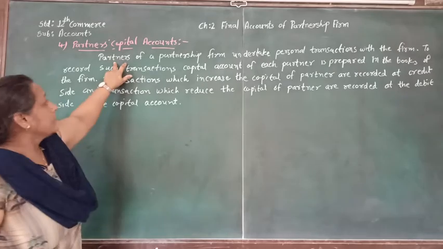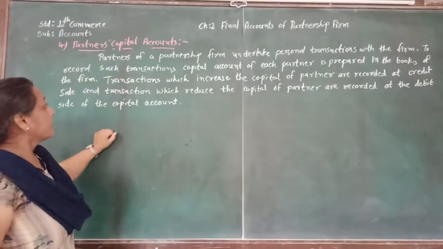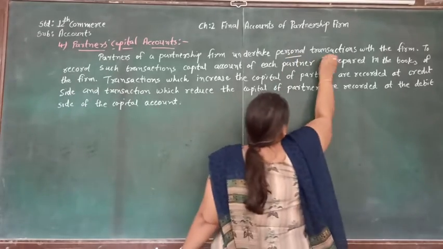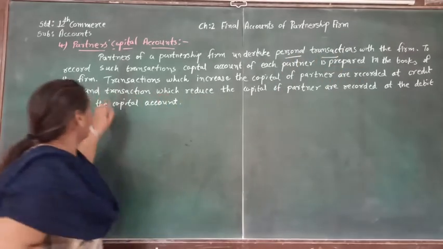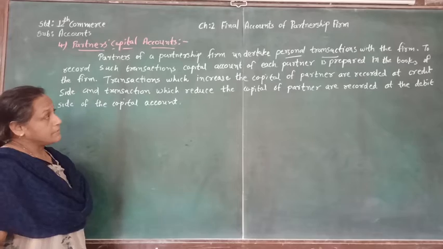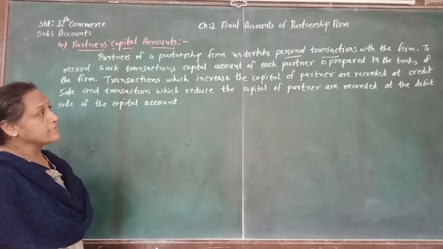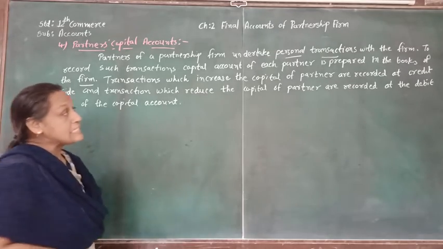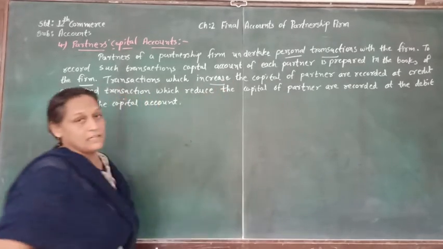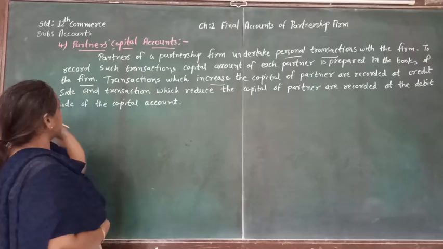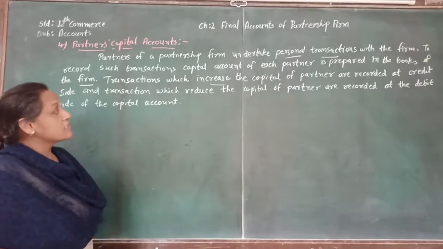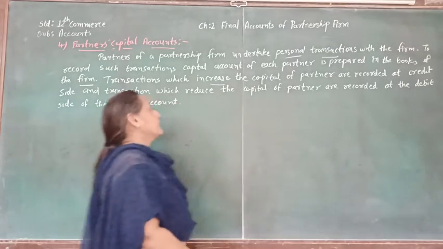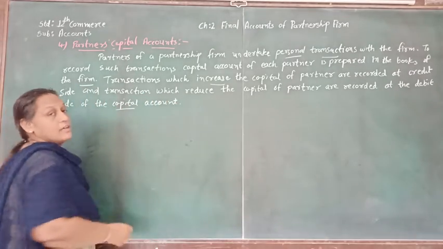Partners capital account is where a partner of the partnership firm undertakes personal transactions with the firm, and to record such transactions, the capital account of each partner is prepared in the books of the firm. Transactions which increase the capital of the partner are recorded on the credit side, and transactions which reduce the capital of the partner are recorded on the debit side of the capital account.